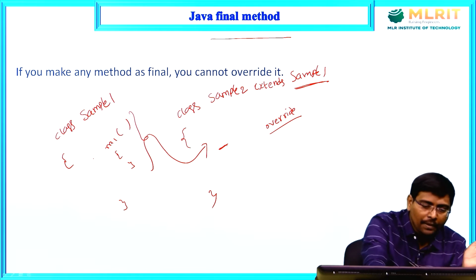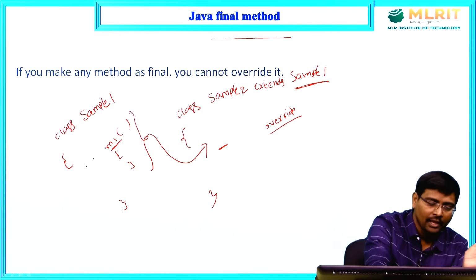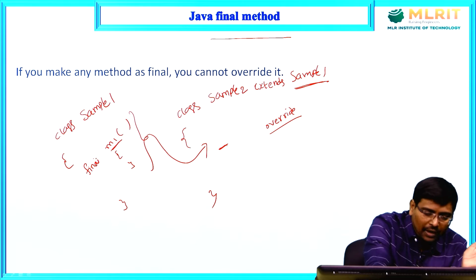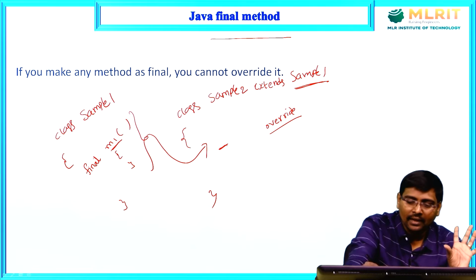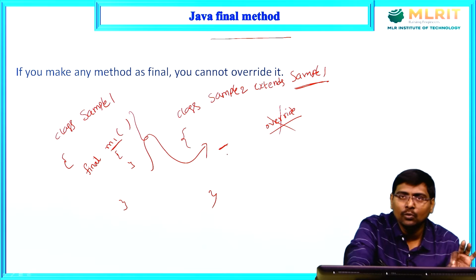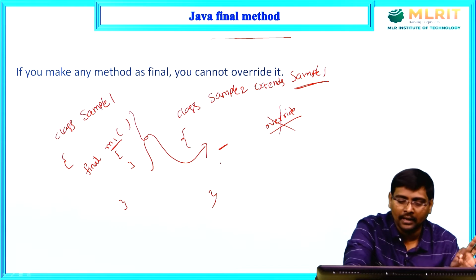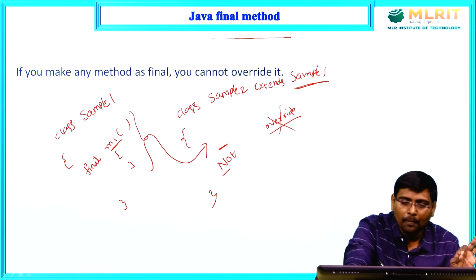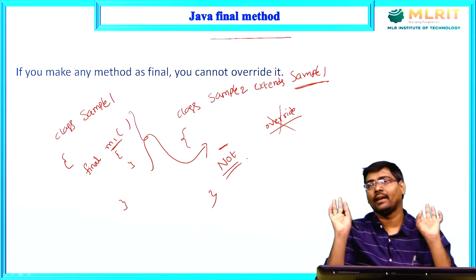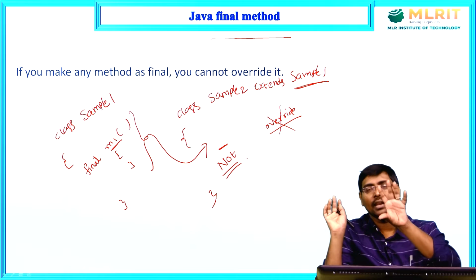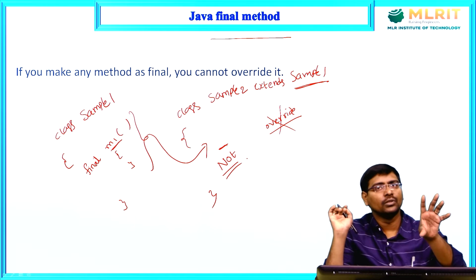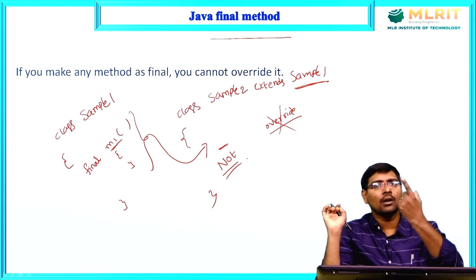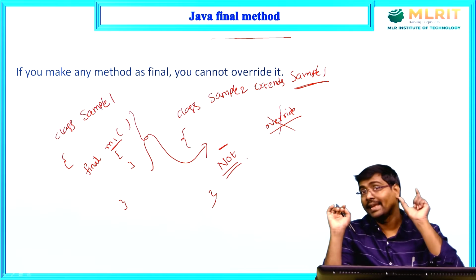Now, if you use the final keyword before the method, then this method is available to the child class, but it is not possible to override it. Just like a variable: before a variable, if you use final, it is not possible to modify.